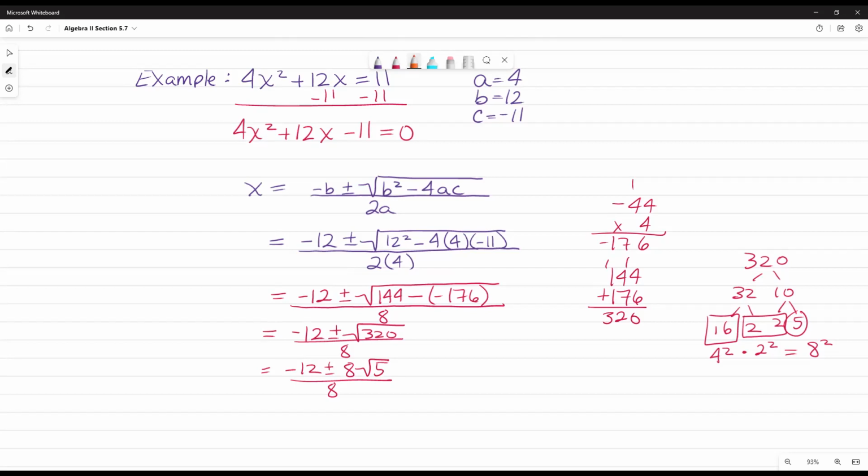All right, so if I divide by 4 on all of these, 4 goes into 12 3 times, goes into 8 2 times. And so this simplifies to negative 3 plus or minus 2 square root of 5 over 2. And so that's our exact answer.